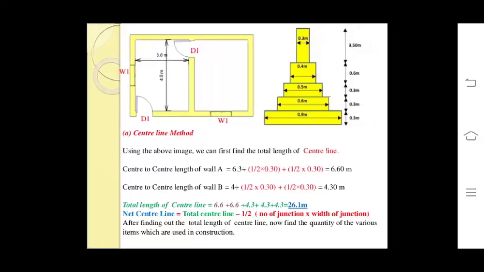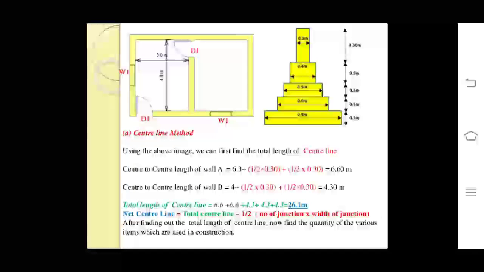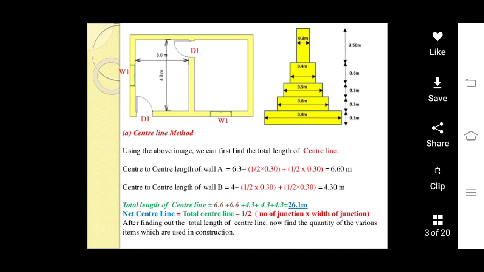For finding out centerline length, we use the formula: A is equal to 6.3, which is the addition of width of two rooms plus 0.3 thickness of partition wall plus 1/2 width of wall from both sides, that is 1/2 of 0.30 plus 1/2 of 0.30. The total center to center length of building horizontally is 6.6 meter.